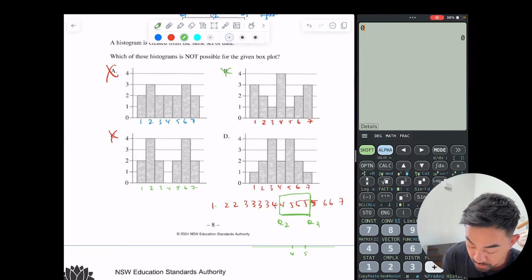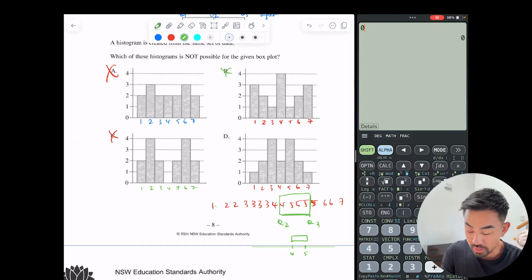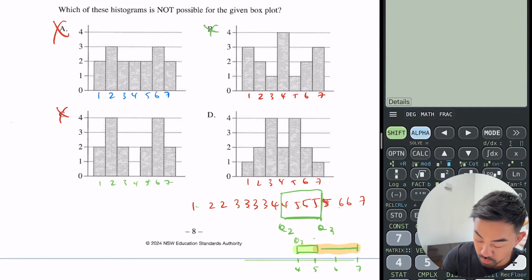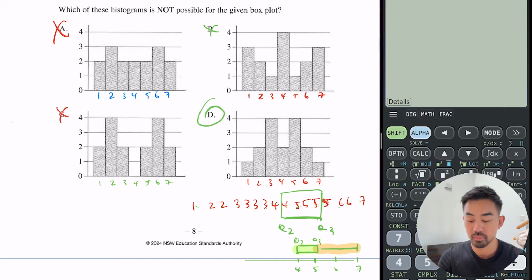That's 4, that's 5. This box plot is going to be like this. Okay, and then 6, 7. This is further out. So see how that distance is longer than this distance here, which is Q2 and Q3. So no reason that answer is going to be D.